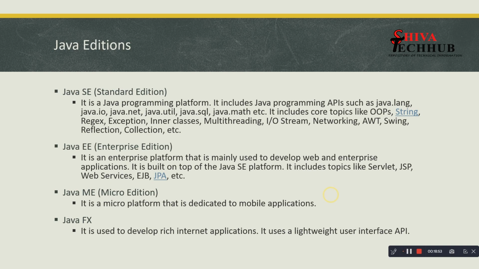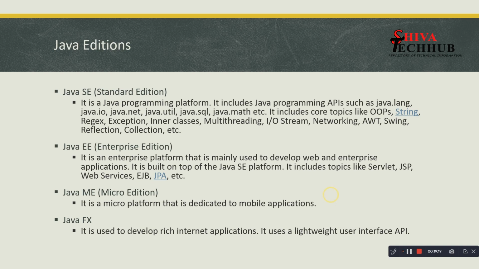It includes Java programming APIs such as lang, io, net, util, sql, and math. These are some of the libraries, the APIs which we use for our day-to-day programming. And it also includes core topics like OOPs, strings, regular expressions, exceptions, inner classes, multi-threading, and many more.